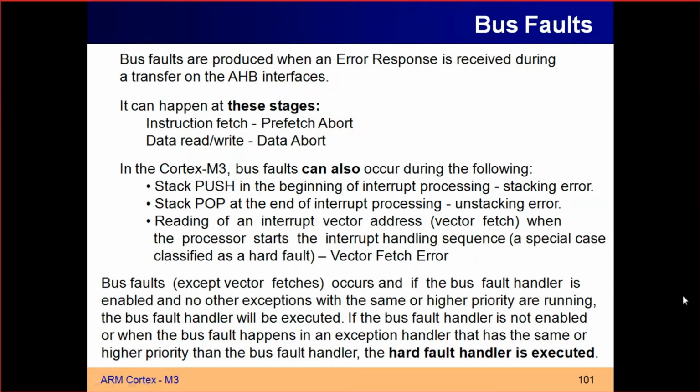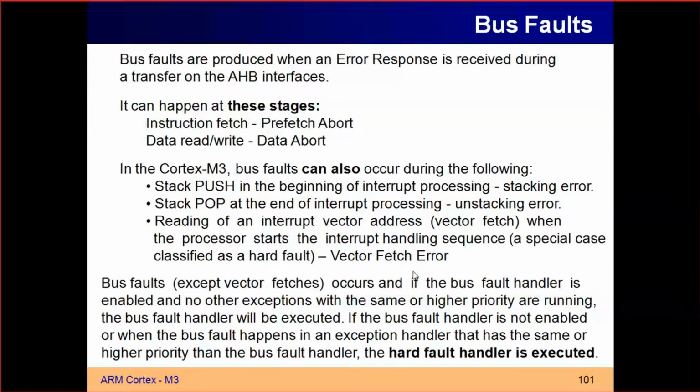Right. So if bus fault is occurring and if no other interrupt or ISR is being executed in the processor, what will happen? Bus fault handler will be executed. Right.